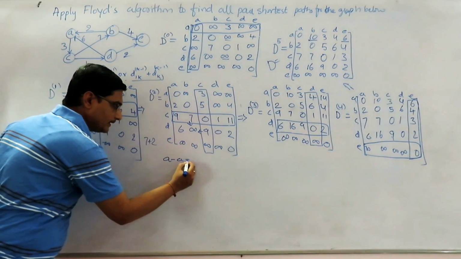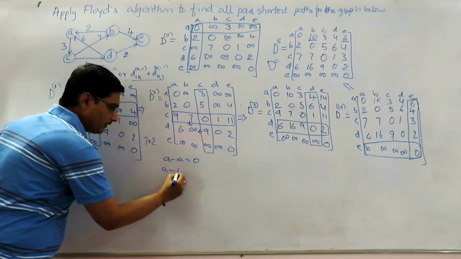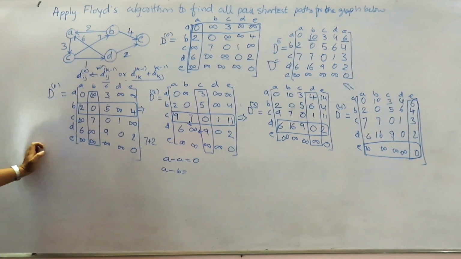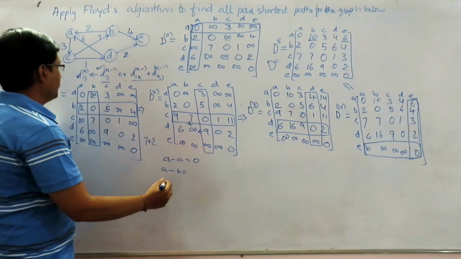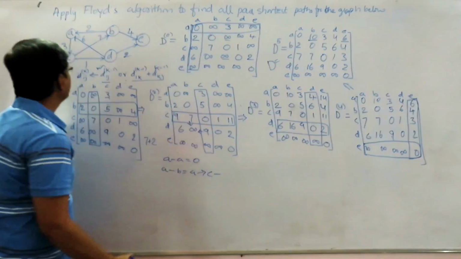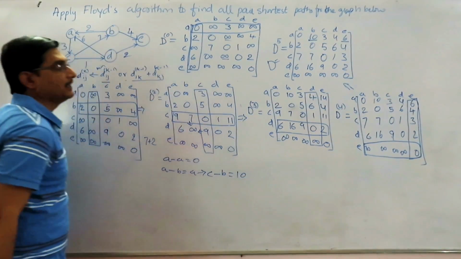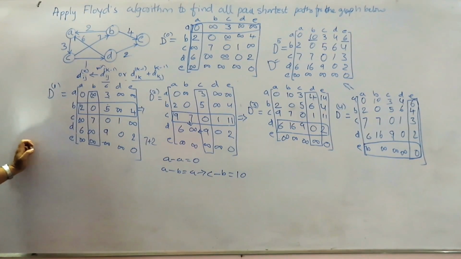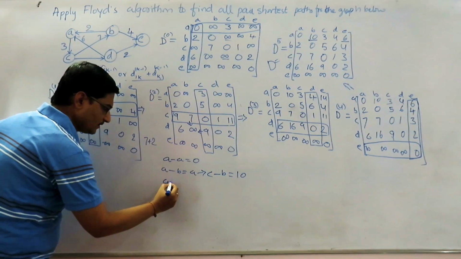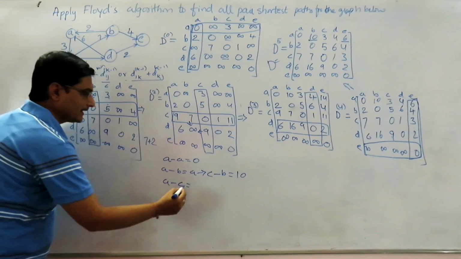We need to write this. A to A distance is 0. A to B path is A to C, C to B, and the distance is 10. Minimum, we are finding the shortest paths, right? So next we need to find A to C. A to C is direct, there is a direct path.